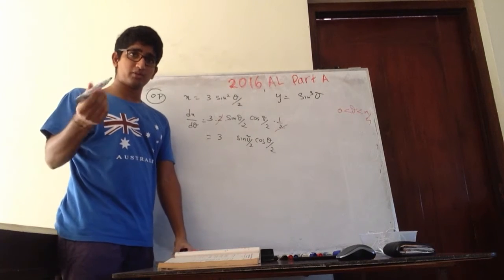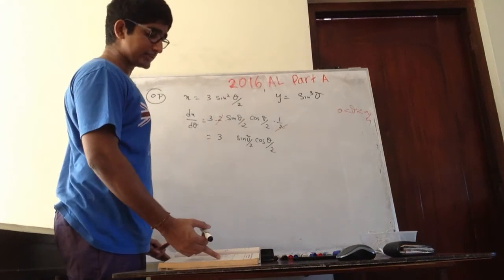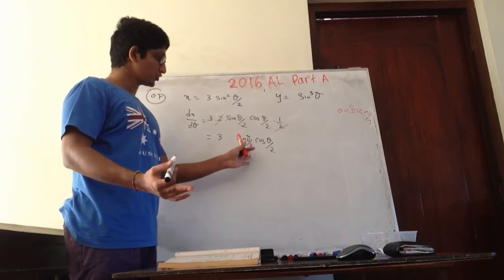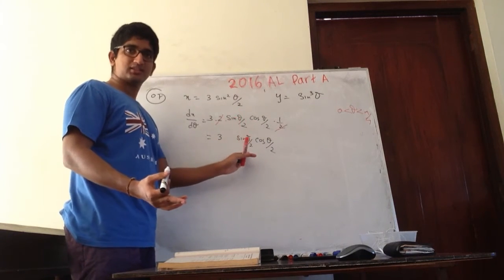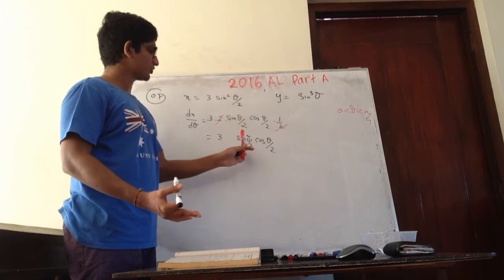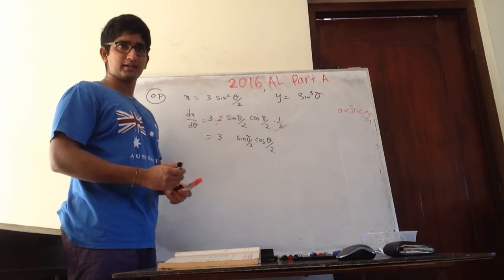So now I am looking at the answer. They are asking us to get dy over dx as sine 2 theta. So now sine 2 theta is what? 2 times sine theta cos theta. So I am going to convert this into sine theta.